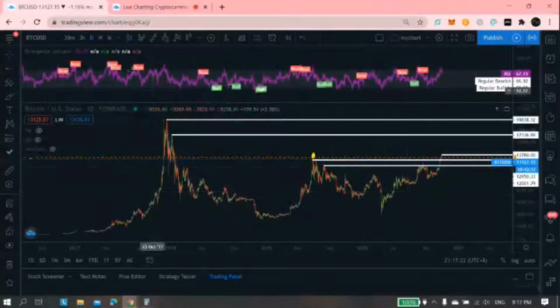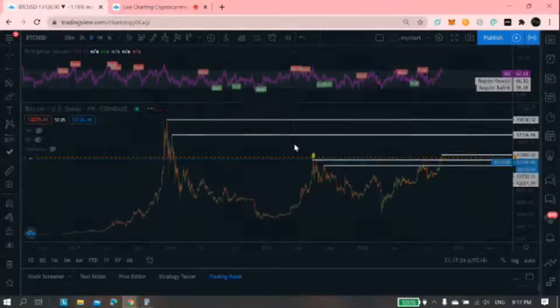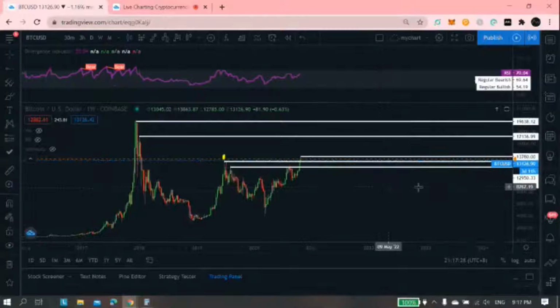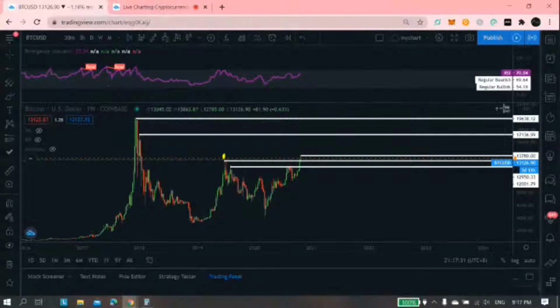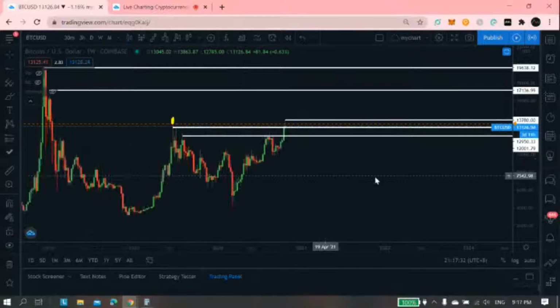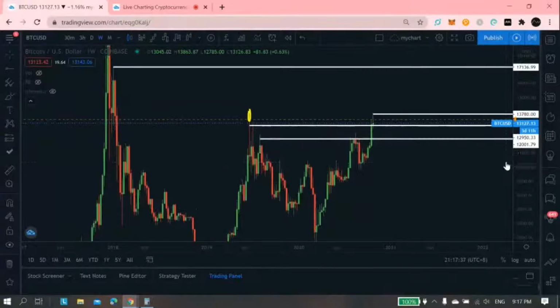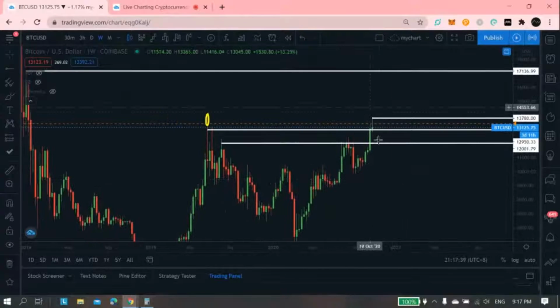If you look at the higher time frame, which is the weekly, look at this candle.